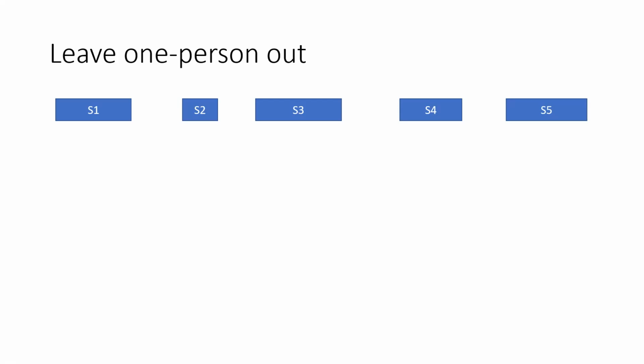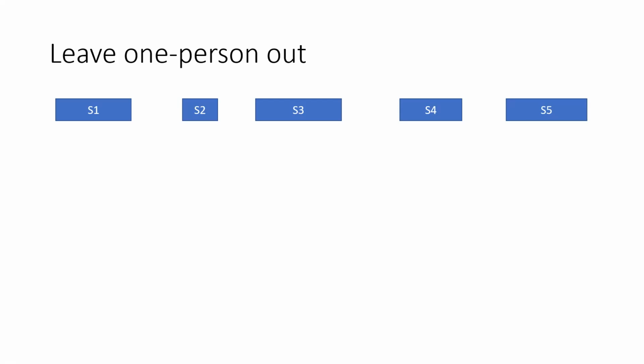That is one way of doing it. But we normally do leave one person out cross validation. In this approach, the data from n-1 subjects are combined together and tested on the nth subject. The advantage of using this strategy is that the classifier that you build this way will be more generalizable on an unseen person.